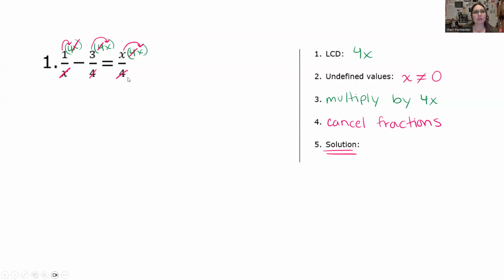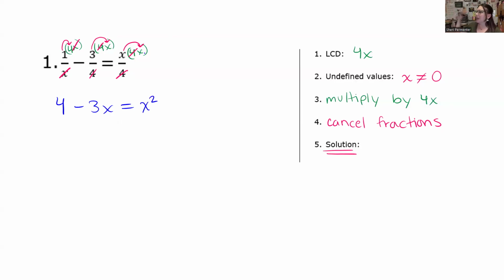No more fractions because no more denominators. And in the numerator, I have 1 times 4. So I have 4 minus 3 times x equals x times x. So x squared.